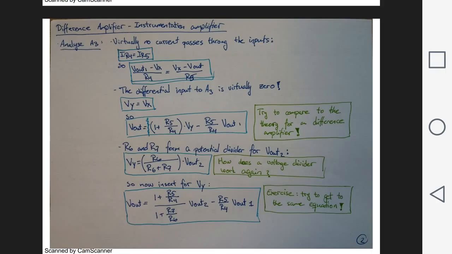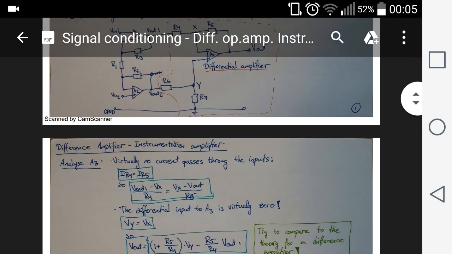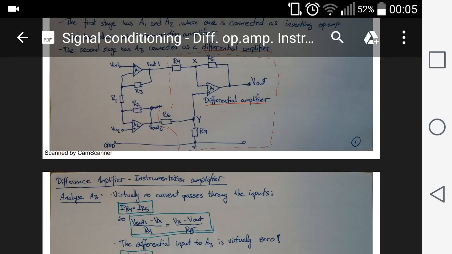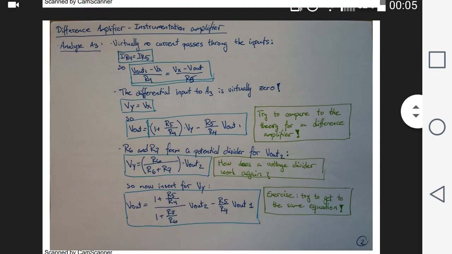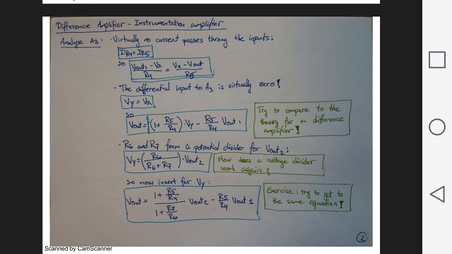With that in mind, to find the potential voltage at node Y, you need to consider that resistors R6 and R7 form a potential divider for the output voltage of A2.